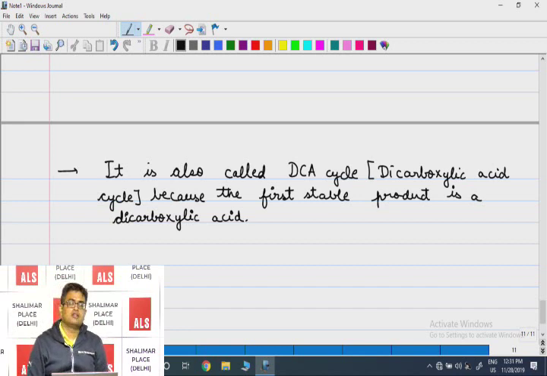So besides the Hatch and Slack cycle, you also call it the DCA cycle, you also call it the C4 cycle. There are many names for this cycle.